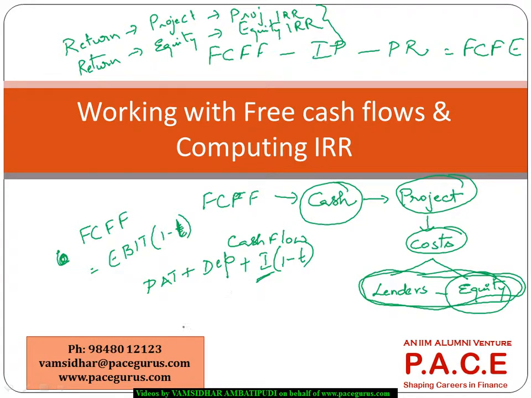So the simple way is whatever the cash flow from operations you have got, which is nothing but PAT plus depreciation, to that amount I add I into (1 minus T), which is the interest adjusted with the tax, and from this I subtract the capital expenditure.